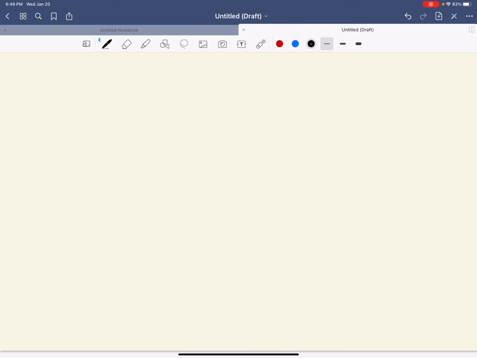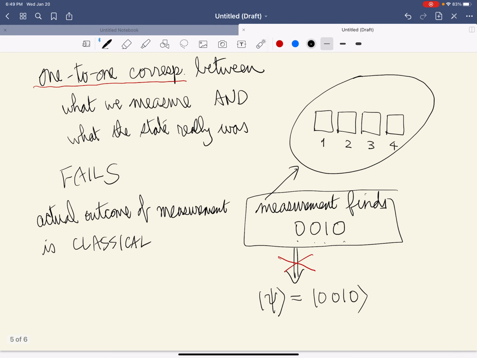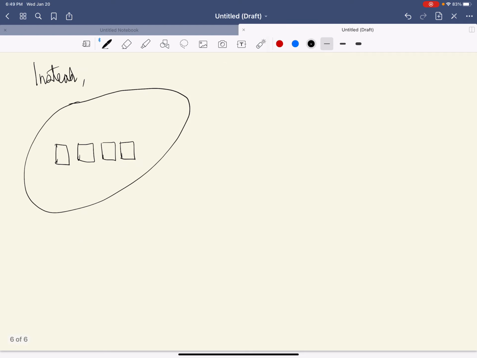Instead, here's what will happen. Now, someone else comes along, so let's say this was a measurement done by person A, and then person B comes along.